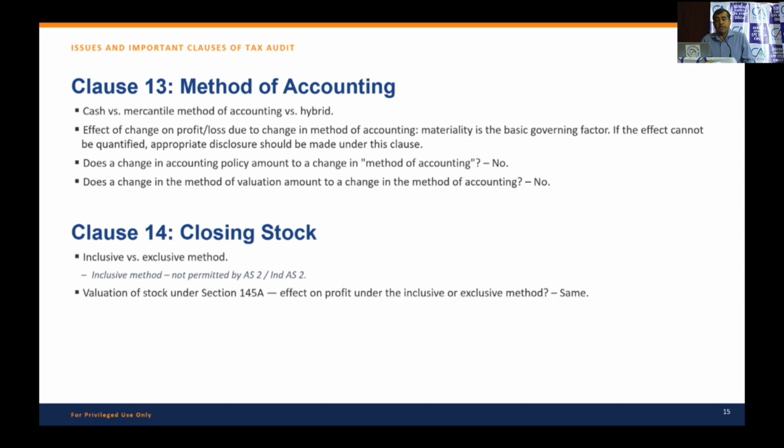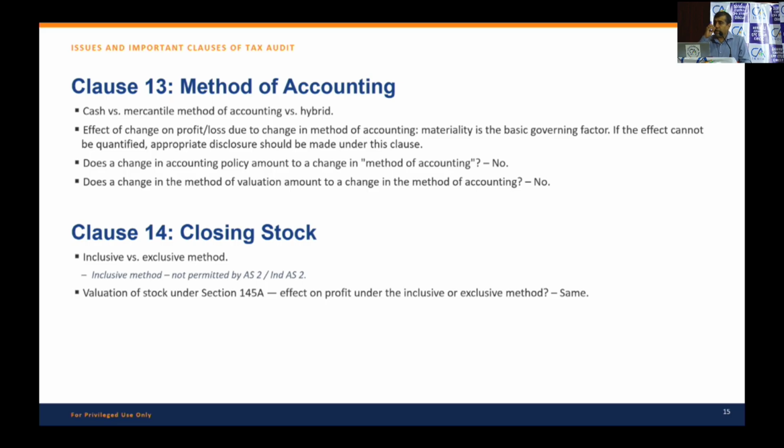So method of accounting, again, typically there are two methods of accounting, or rather I would say three methods of accounting: cash, mercantile, or hybrid. One should not get confused between method of accounting and accounting policy. Any change in method of accounting is only reported here. Any change in accounting policies is not to be reported here. And as I said, methods of accounting are largely cash or mercantile.